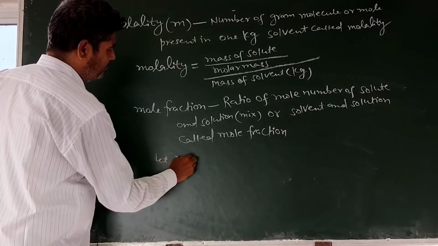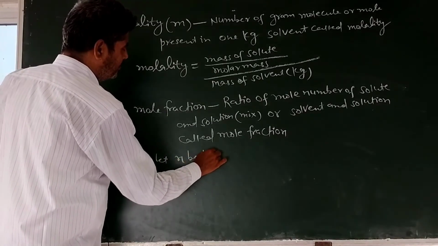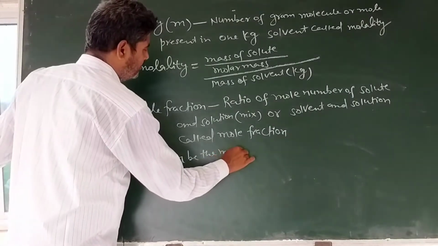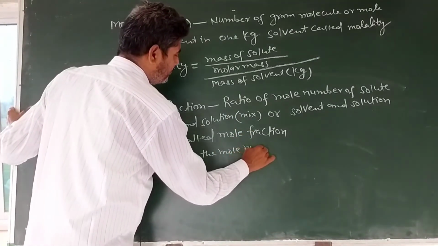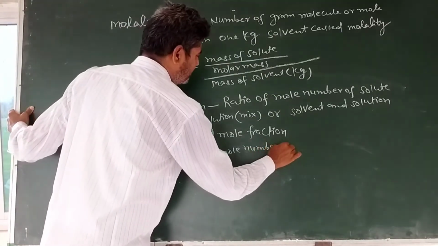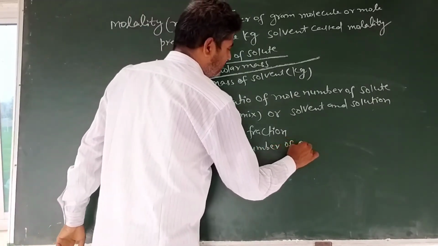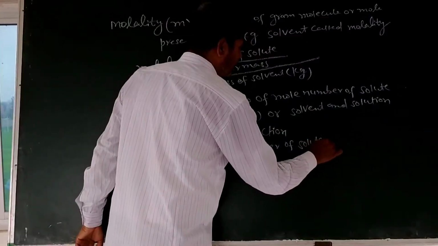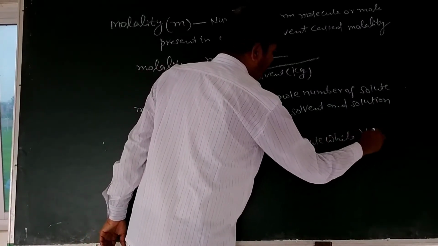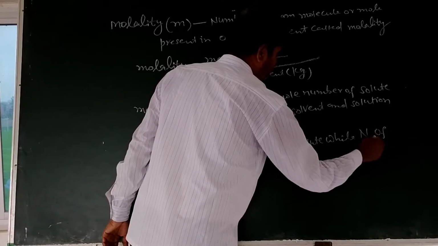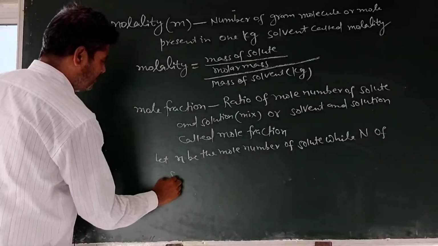Let small n be the mole number of solute and capital N that of solvent.